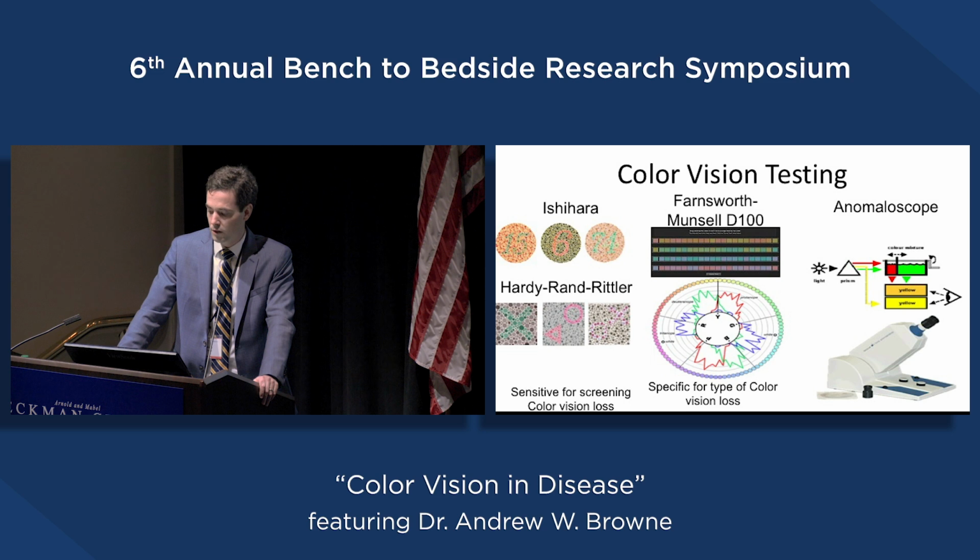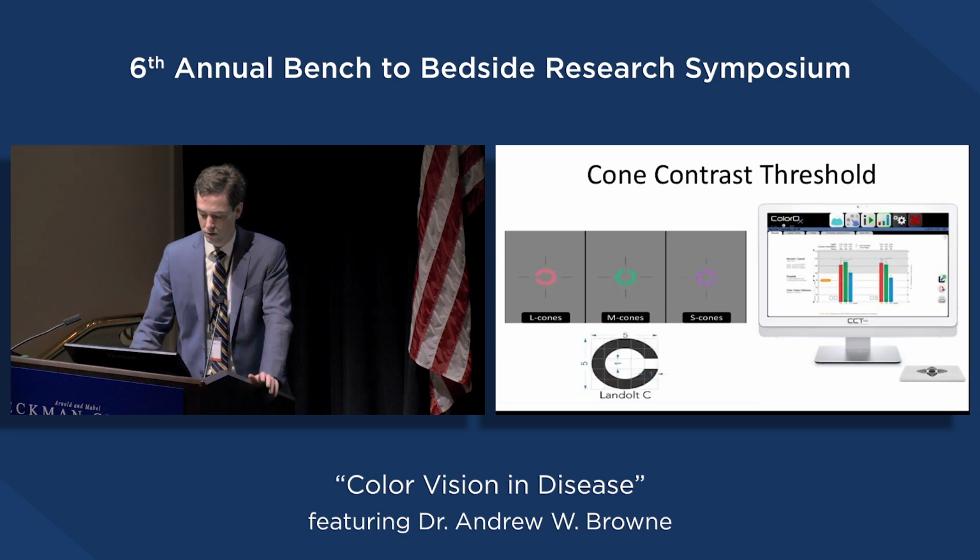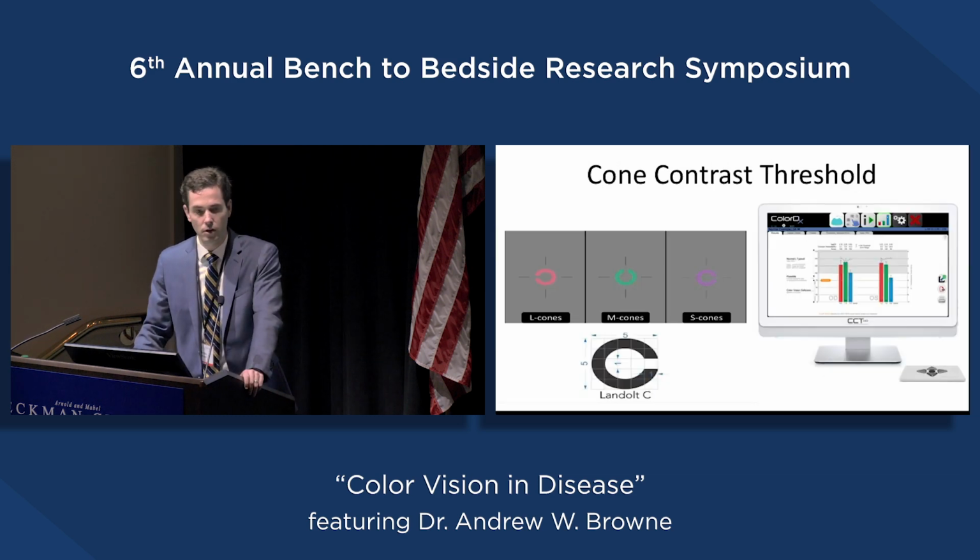And then finally, the anomaloscope is a test where you compare the combination of green and red to a reference yellow and try to determine how much error there is between the combination of green and red to the yellow. But again, this is another 20 to 30 minute test that's not practical in the clinical context. So Dr. Jameson has already shown us how the cone contrast threshold works.